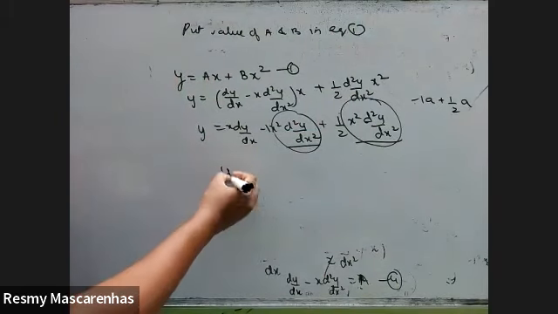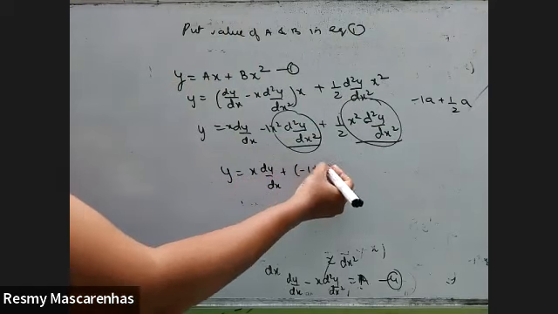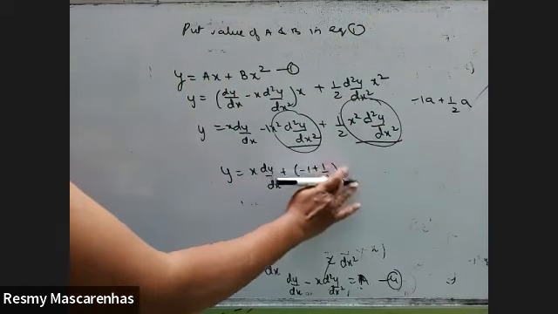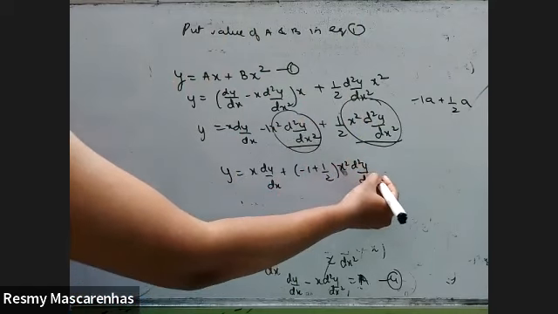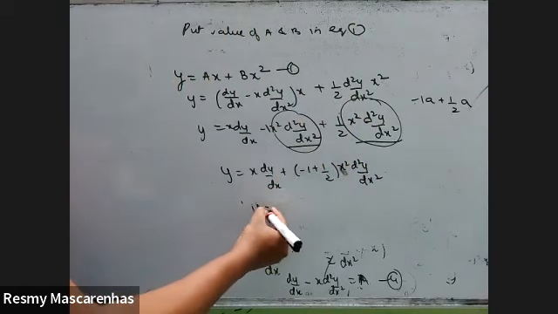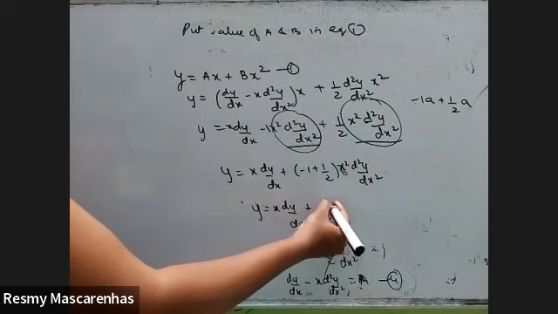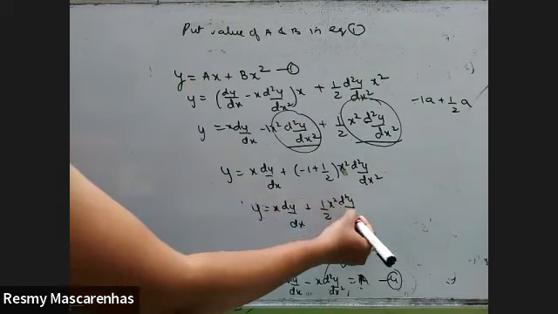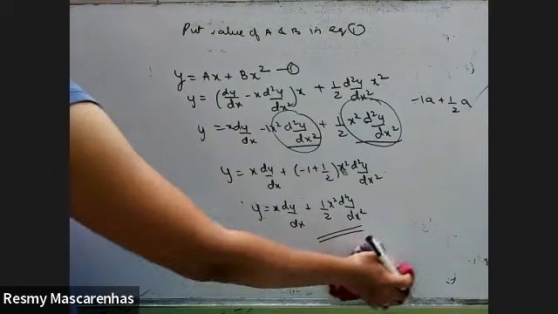You take out common. What remains is minus 1 plus half. And this is nothing but half. Final answer is... only thing it becomes lengthy. This method.